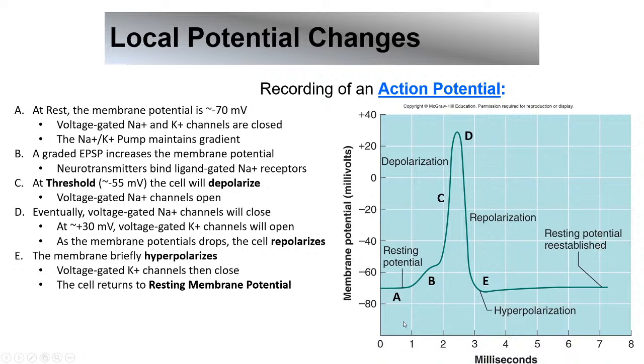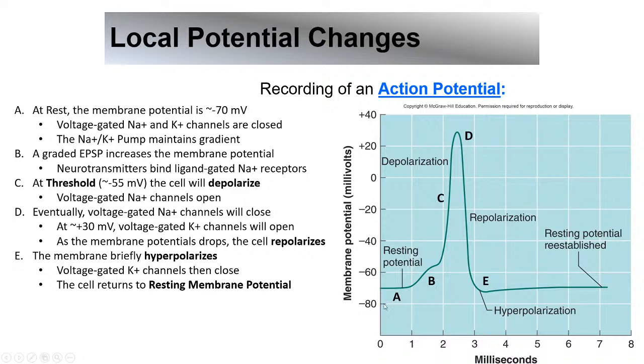We make the cell more negative, and we take it further away from threshold, which is up here about negative 55 millivolts. All right? We increase the distance between our membrane charge and threshold, which means we're going to need a bigger excitatory stimulus to overcome that inhibitory stimulus.